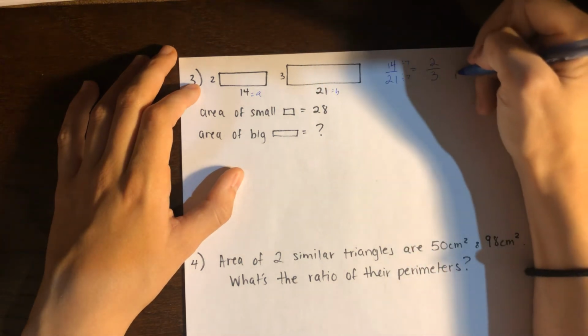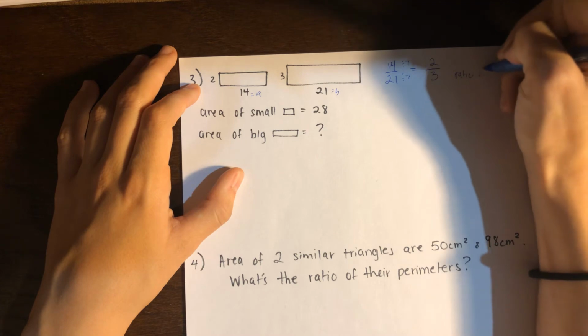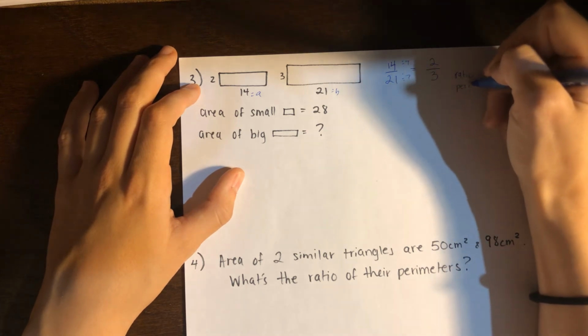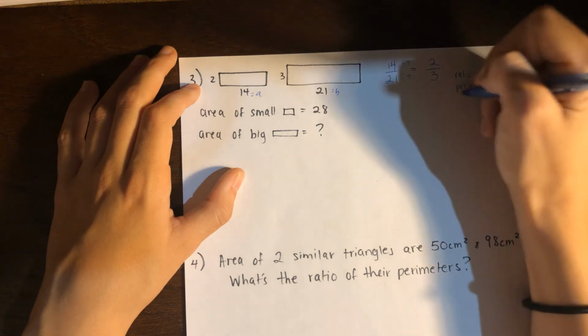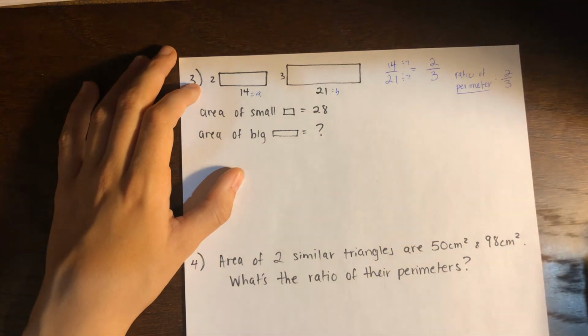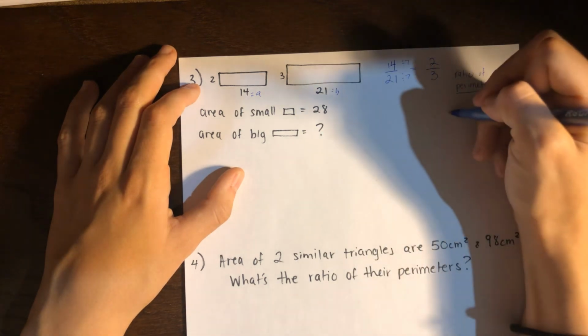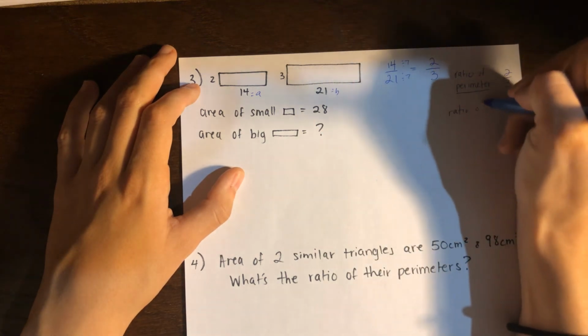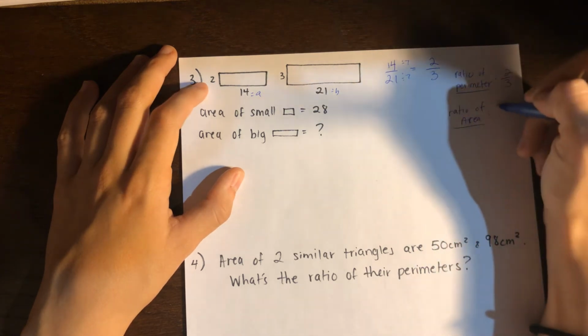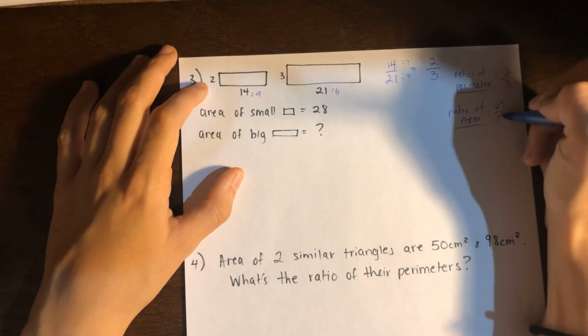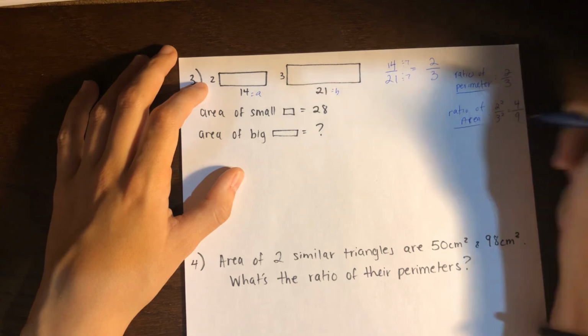So the ratio of the perimeter is 2/3. Then I need to find the ratio of the area. So 2 squared over 3 squared, so I get 4/9.